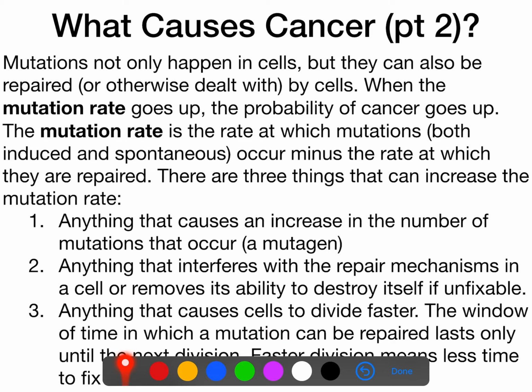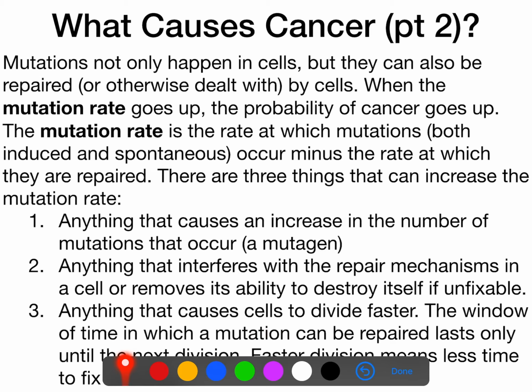So that G2 time point, that's the time that you have to fix the errors. What if that becomes shorter? Now you have less time to fix the errors. Having less time to fix the errors means you fix fewer errors. Like, what if instead of having a week to proofread your paper, you now have an hour? Are you going to get everything fixed? Probably not. Less time means you're going to do a less thorough job.